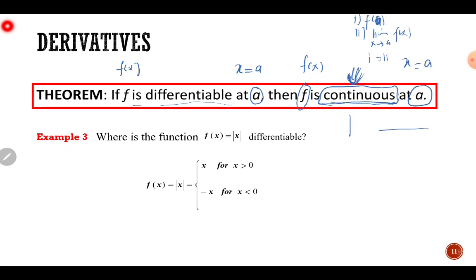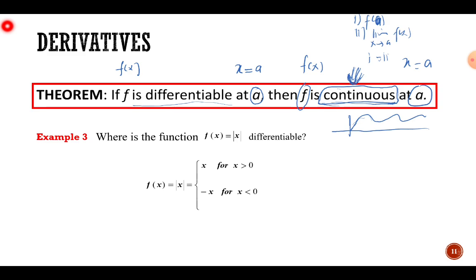For example, we have a continuous curve like this. We know that as long as there is no breaking point, the function will always be continuous. So if you look at this, it is definitely continuous. So this function is differentiable. Okay, sorry, it's the other way around. If a function is differentiable, it means it is continuous.